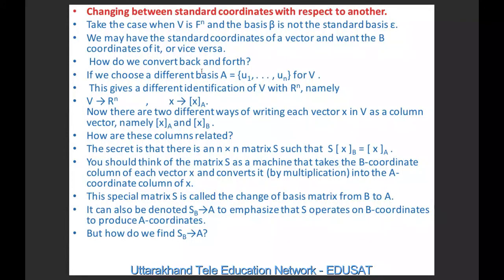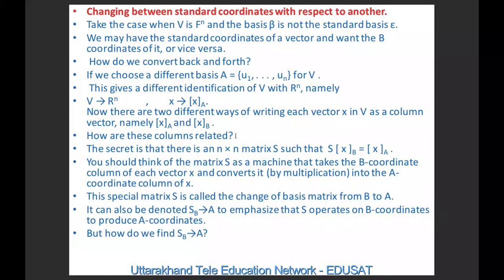So how do we convert back and forth? If we choose a different basis A equal to u1, u2, un for V, this gives a different identification of V with Rn. It means V goes to Rn and x transforms to xA, with respect to the different basis A equal to u1, u2, un.